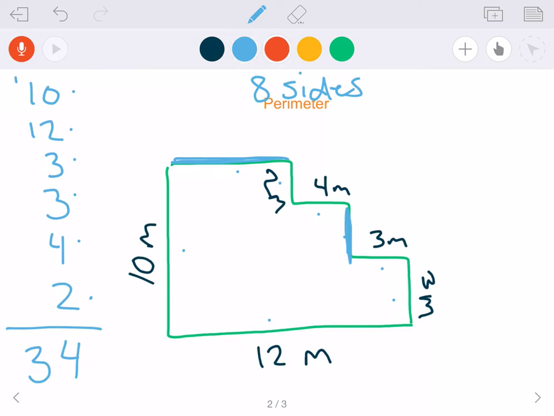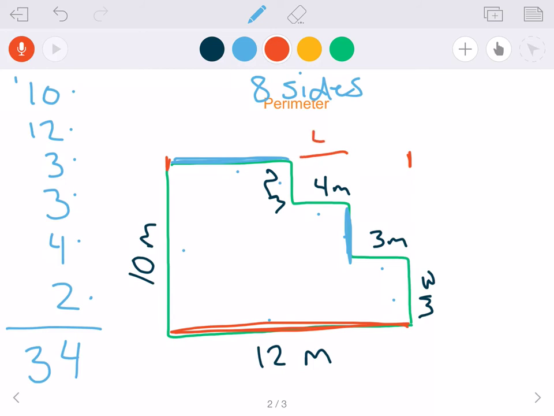To figure that out, we're going to focus on what we know total. Let's look at this top missing one first. If I'm looking at the bottom of this shape, I know that total length across is 12, which means from here to here, that total length should be 12 if we're making a rectangle.